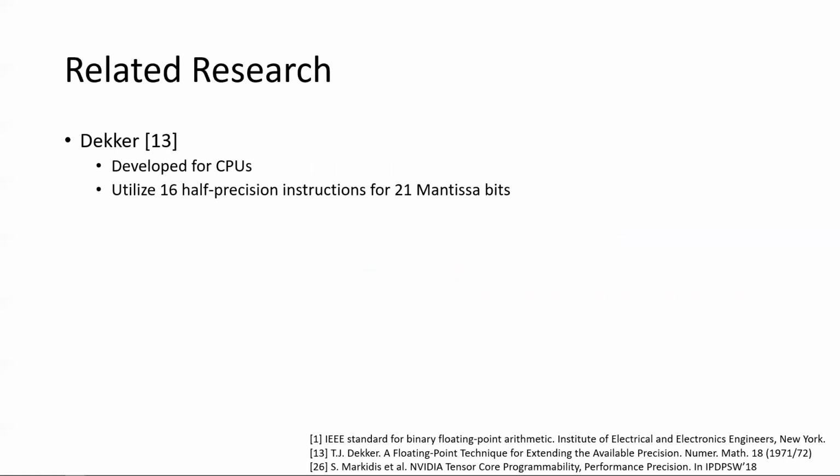Previously, there is one method called Decker's method. It is developed for CPUs. Actually, it utilizes 16 half-precision instructions for emulating the computation with 21 metadata bits. However, naively borrowing Decker's method to the tensor cores does not work, since it has at least 16 times overhead.